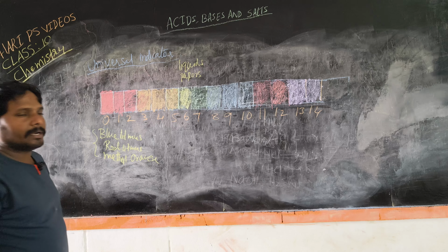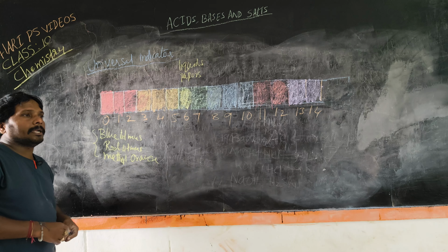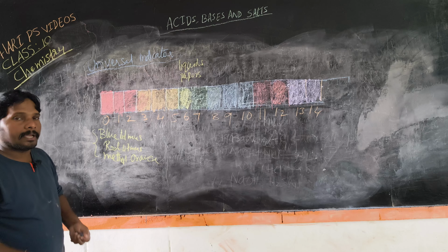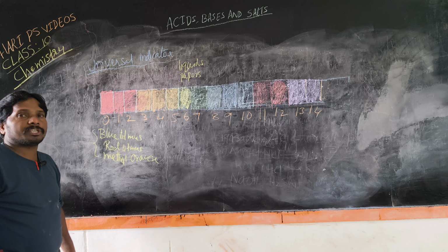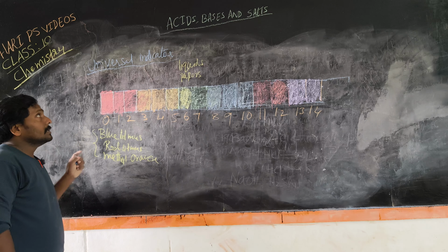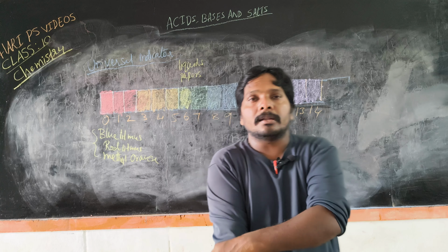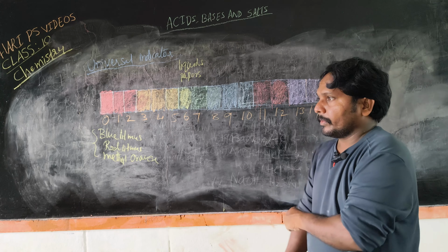Even blue and red litmus are available in liquid form and in the form of sheets or paper. Similarly, universal indicator is also available in liquid and paper form.